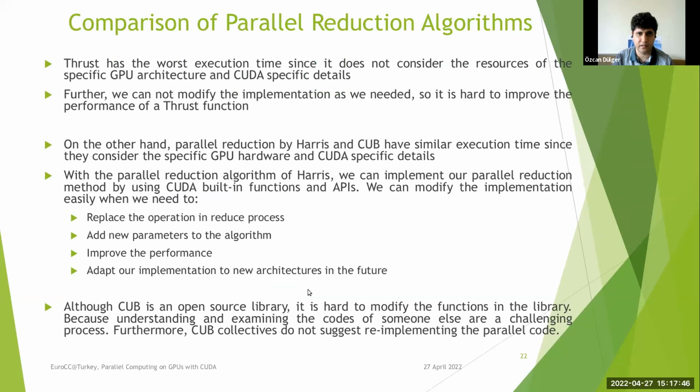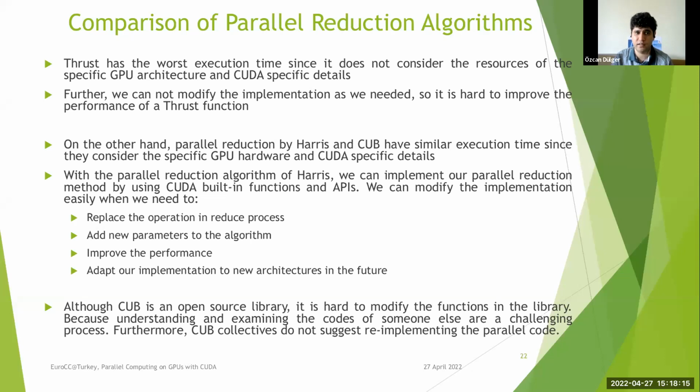Okay, let's compare these three parallel reduction algorithms. Thrust has the worst execution time because it does not consider the resources of the specific GPU architecture and CUDA specific details. It does not allow programmers to define the number of blocks, number of threads, etc., and does not consider GPU architectures and the limitations of the GPU.